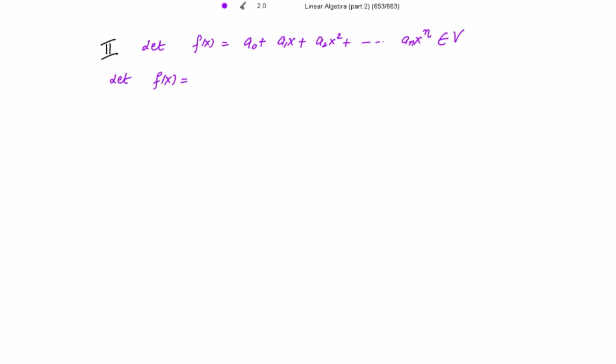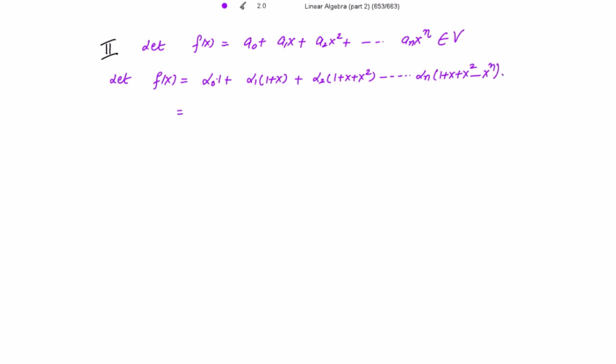In the previous assignment I took the scalars to be alpha, beta, gamma because there were only 3 polynomials. Here I am taking the scalars to be alpha naught times 1, plus alpha 1 times (1 plus x), plus alpha 2 times (1 plus x plus x square), up to alpha n times (1 plus x plus x square up to x to the power n).